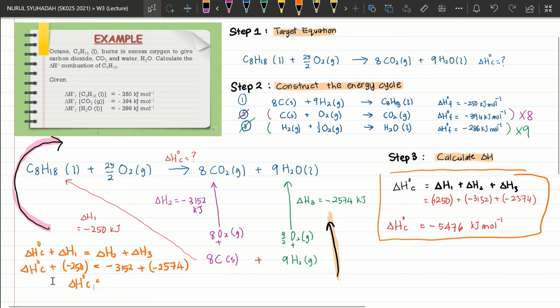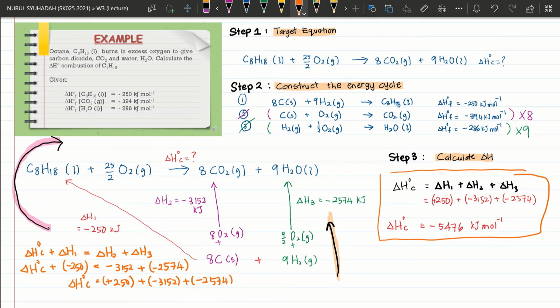To find delta H0 for combustion, we need to move this negative 250 to the right hand side. When you put it to the right hand side, the sign will change from negative to positive. So positive 250 plus negative 3152 plus negative 2574.